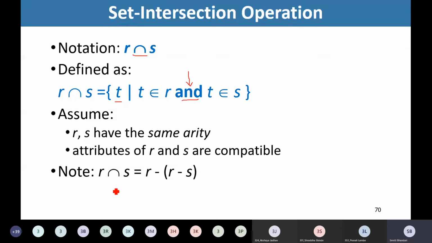So the intersection operation R intersection S can be written by making use of the basic relational algebra operations like R minus S, where minus is the set difference operation, which is a basic operation. So R intersection S can be written using set difference, R minus (R minus S). We will see one example for that.